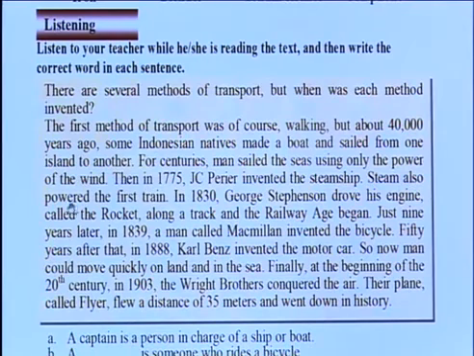Steam also powered the first train. That means steam gave power to the first train so it could move. In 1830 George Stephenson drove his engine called the rocket along a track and the railway age began.